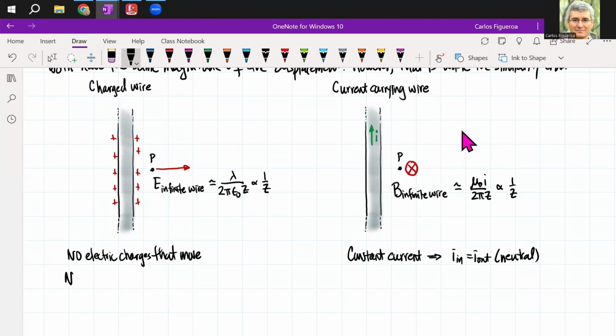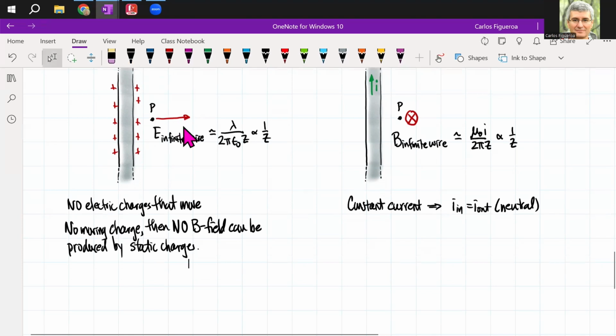So if I have no moving charge, then no magnetic field can be produced by static charges. So a charged wire only has an electric field and no magnetic field.